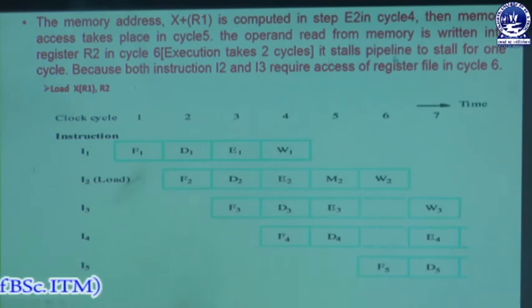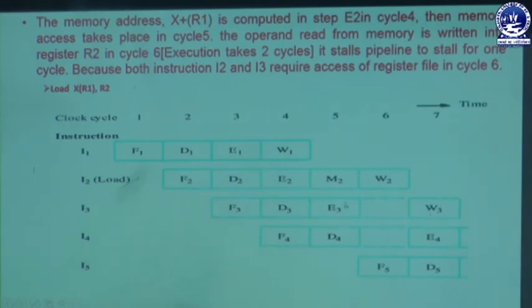So the pipeline stalls for 1 clock cycle because both instructions I2 and I3 require access to the register file in cycle 6. Here you can see the instruction I3 also wants to write something. So it may be a register file, so it has to wait for 1 clock cycle to perform the write operation.